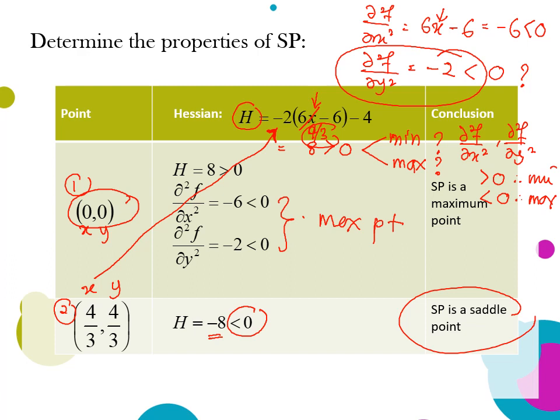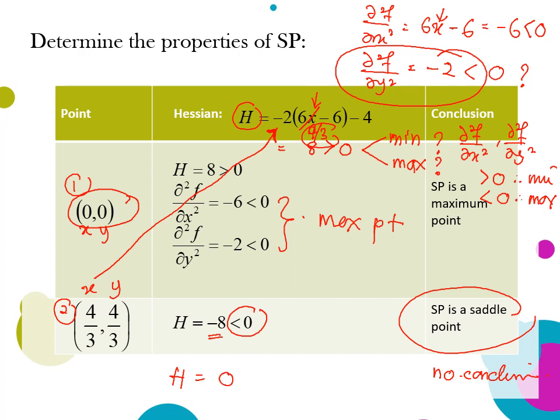Let's say if you have another point, and after you substitute that point into the Hessian, you got H equal to 0, then the conclusion that you make here in this column is no conclusion. So that's it on how to classify the stationary points.